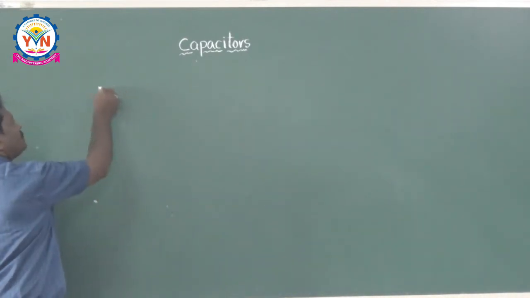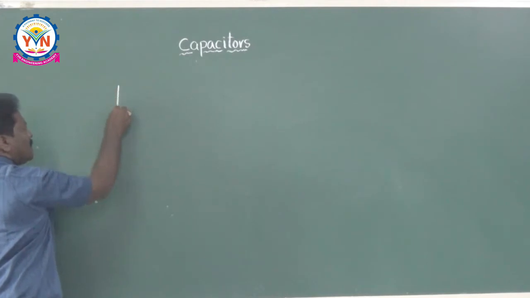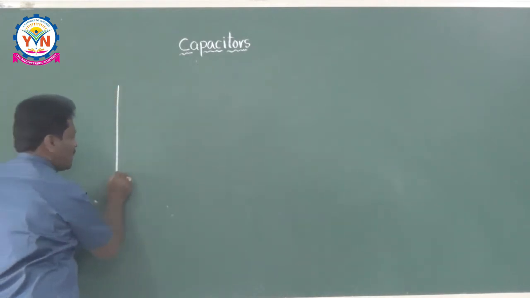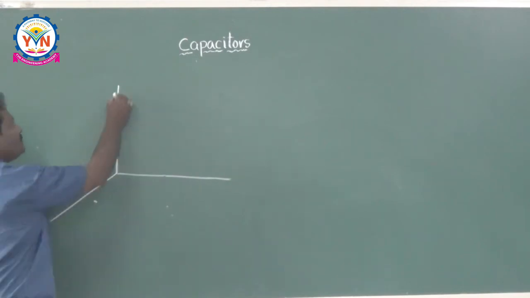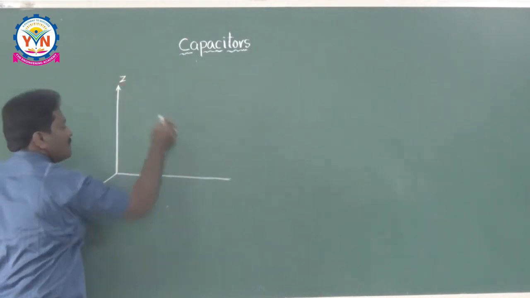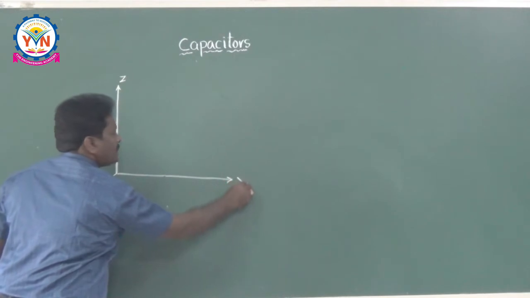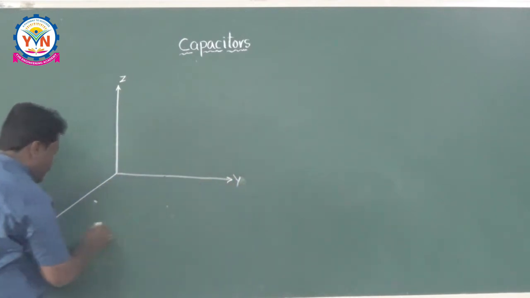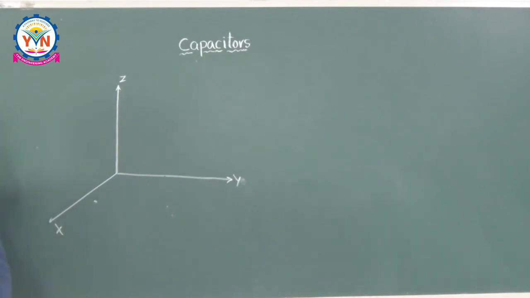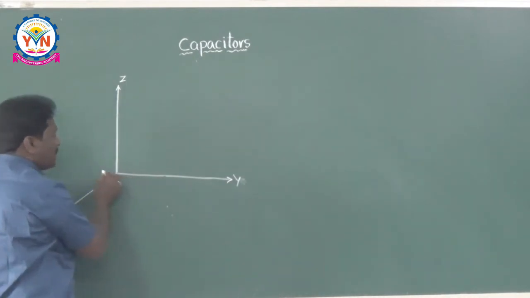As usual, let us take your XYZ axis once again. So, this is Z axis, this is X axis, and this is Y axis. So we are taking two plates here, friends.